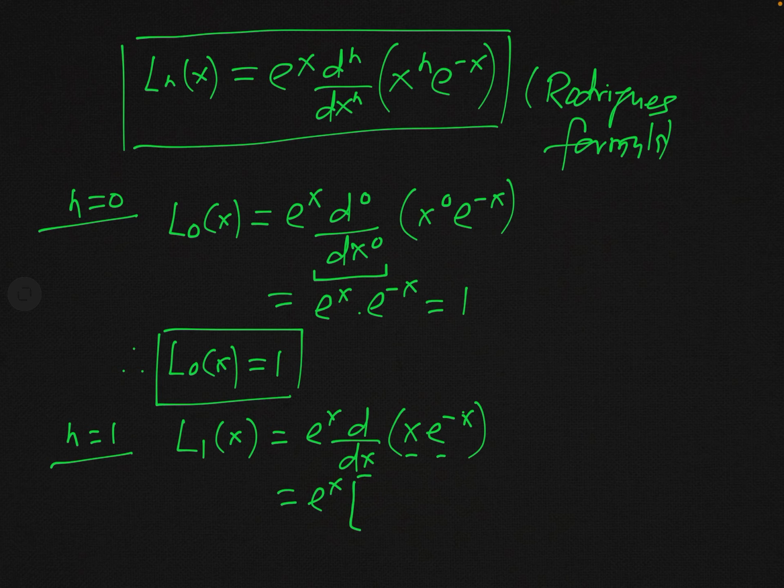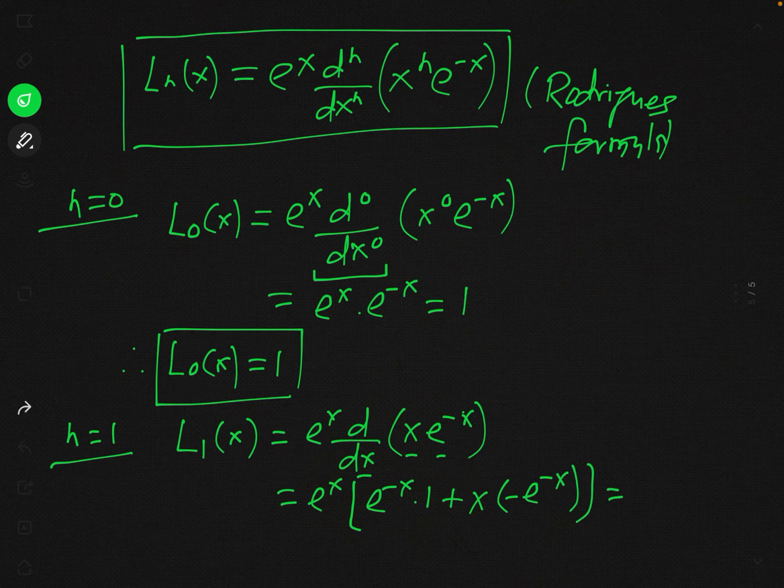This will be, in fact, e raised to the power x times [e raised to the power minus x times 1, plus x times the derivative of e to the power minus x]. Now we will differentiate e to the power minus x. This will be simply minus e to the power minus x.